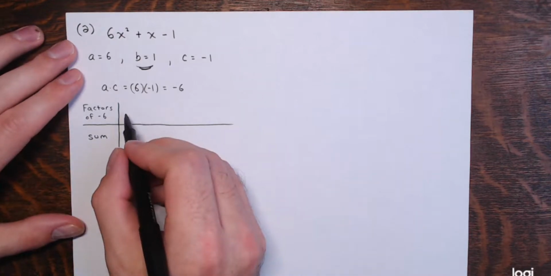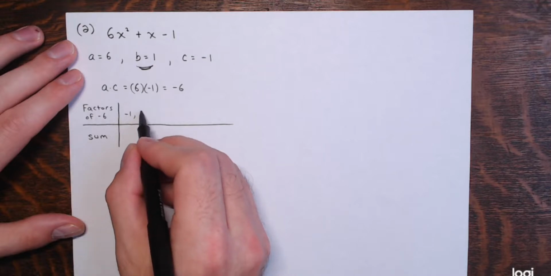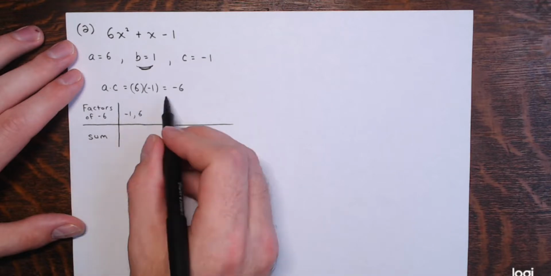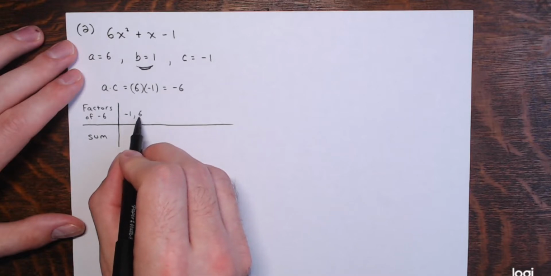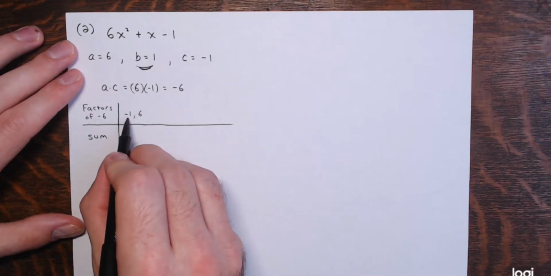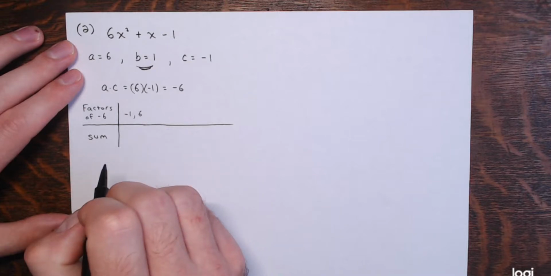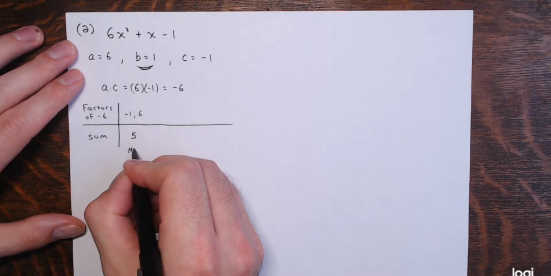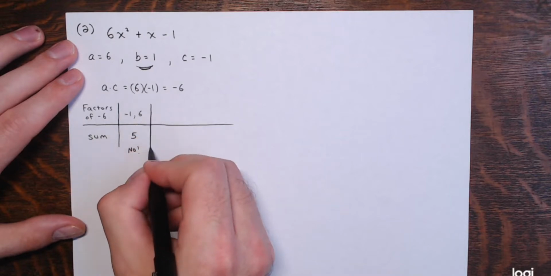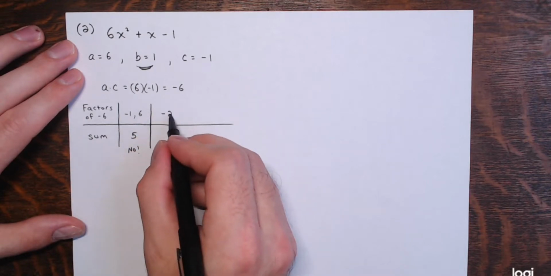For example, negative 1 and positive 6, those multiply to be negative 6, and you see the positive number has a larger magnitude, or a larger absolute value, than the negative one, right? 6 versus 1. But their sum is 5, right? Negative 1 plus 6 is 5, so no on that. That's not the pair I'm looking for. Then negative 2 and positive 3, right?